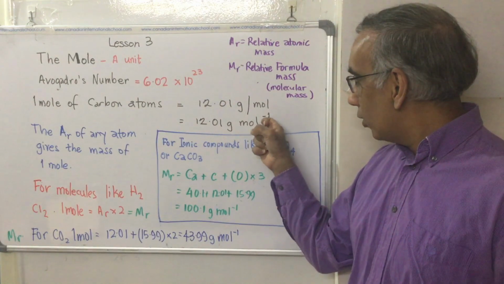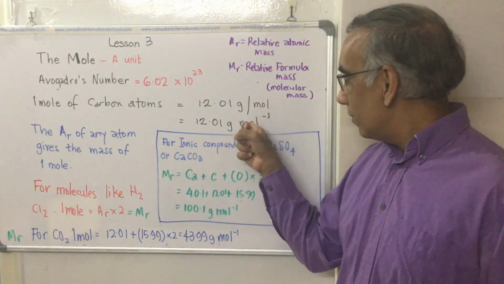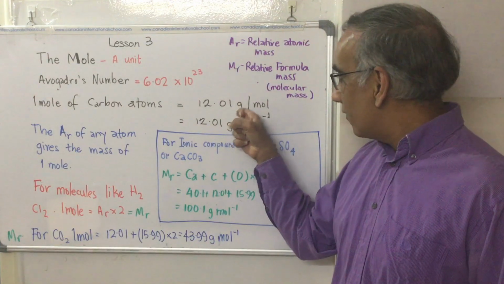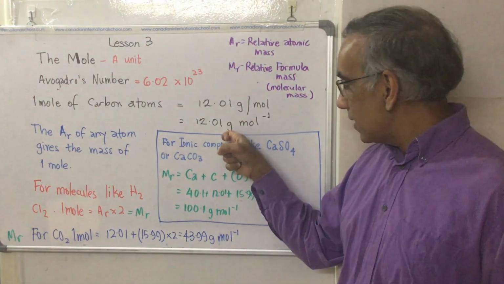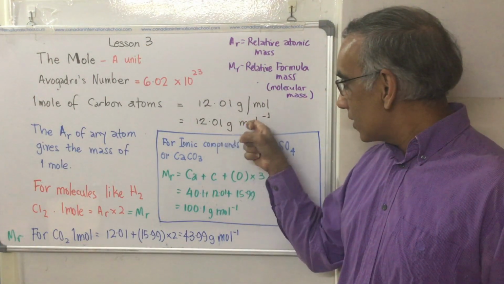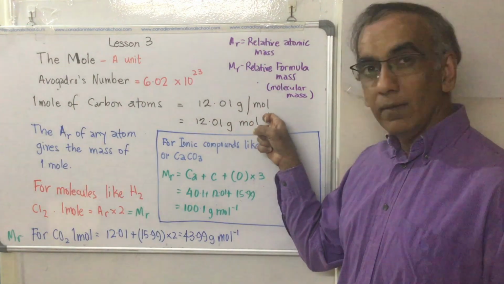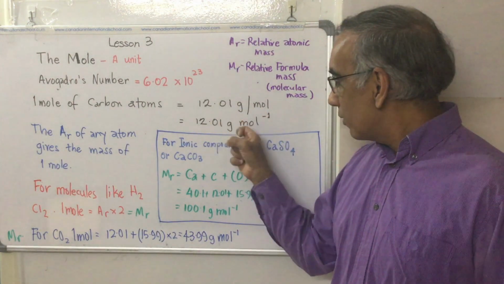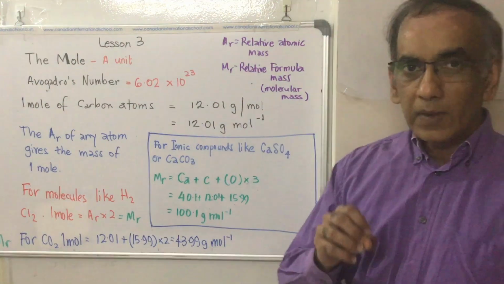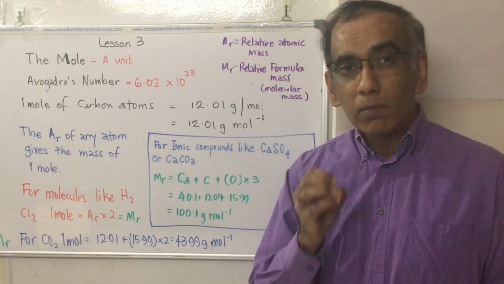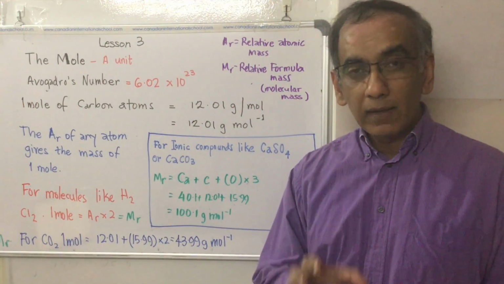Notice I'm saying per mole and I've got the -1 here because grams divided by mole can be expressed in this way as well. Grams mole -1. 12.01 grams per mole. That is the mass of 1 mole of carbon-12 atoms.